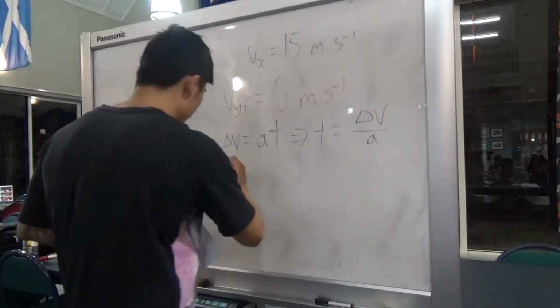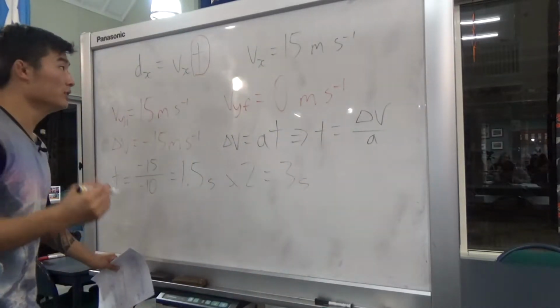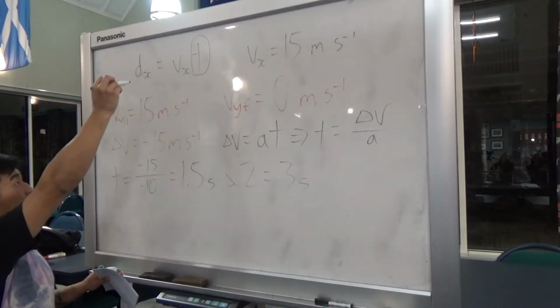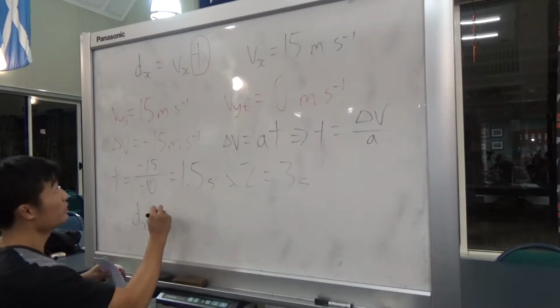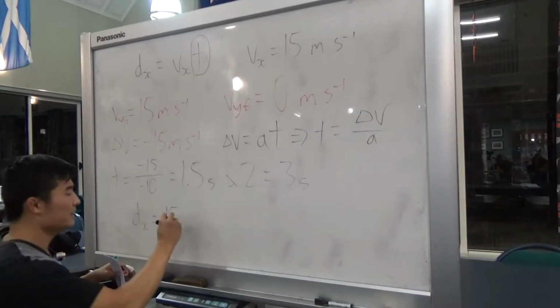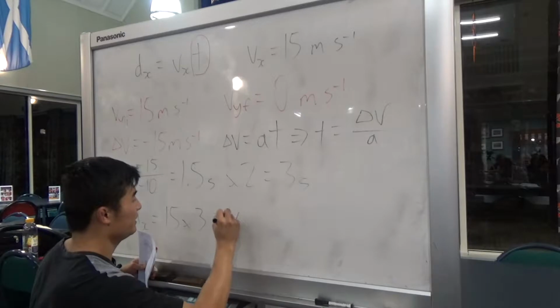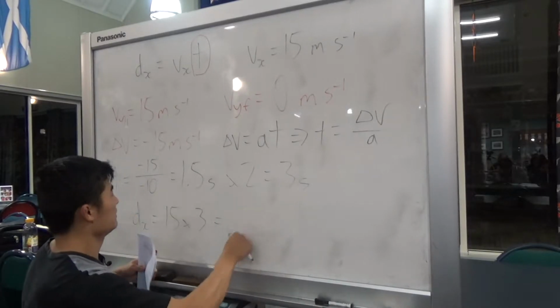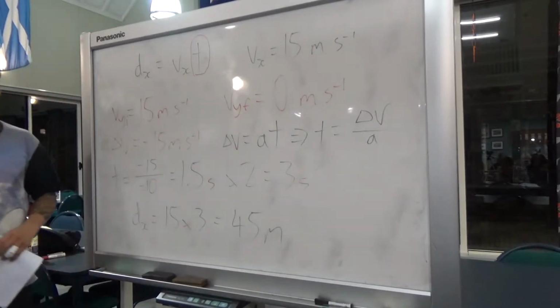So 1.5 seconds times 2, that's 3 seconds in the air total. So then the total distance in the horizontal direction is equal to the horizontal velocity, which was 15, times 3. So that's going to be 45 meters.